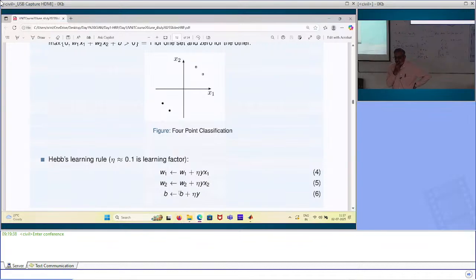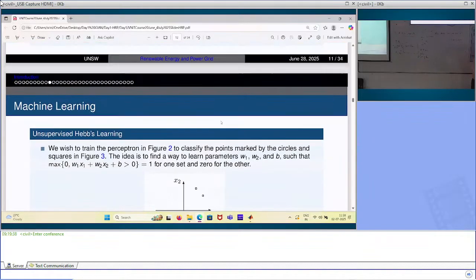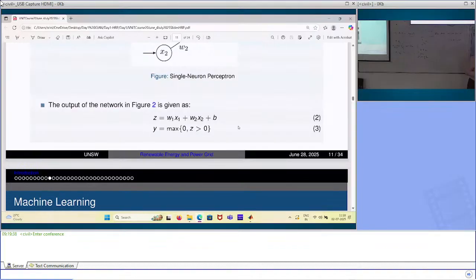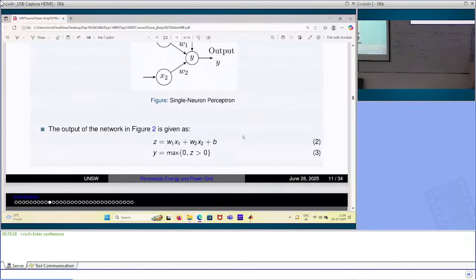Okay? So now let's do this, all of you in your notes. This is the clearly defined output y. So z equals w1 x1 plus w2 x2 plus b.